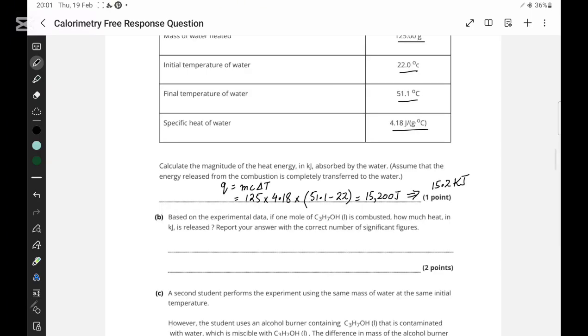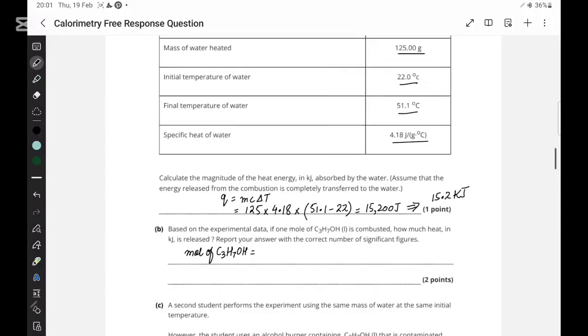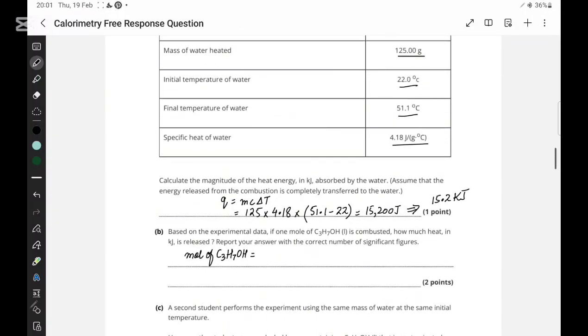Now they are saying, based on the experiment above, if 1 mole of propanol is combusted, how much heat in kilojoules is released? For that, you first need to calculate the moles of propanol, C3H7OH, which is mass divided by molar mass. Mass is 0.55 divided by the molar mass of propanol, 60.09.